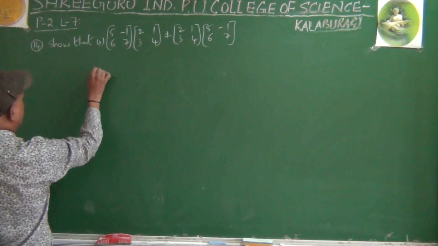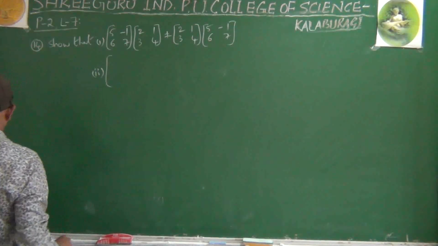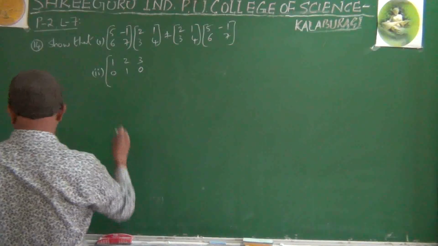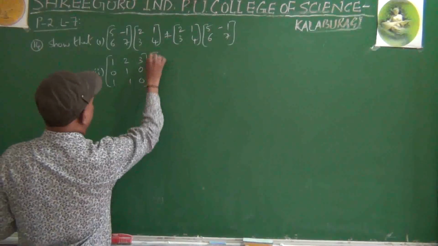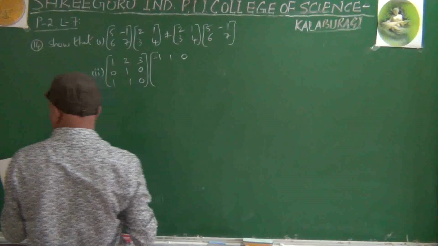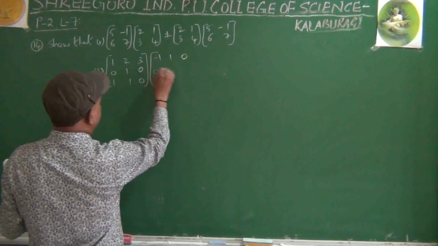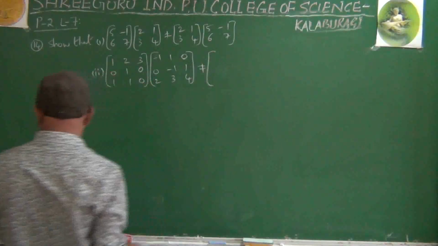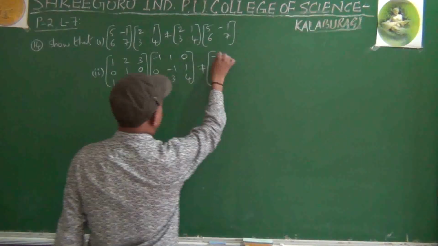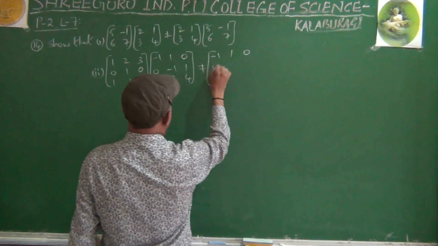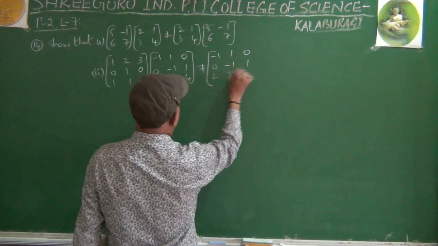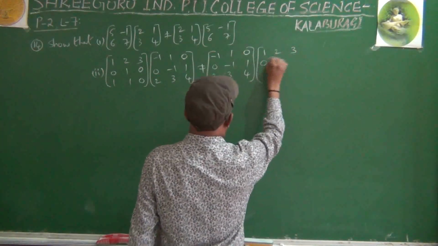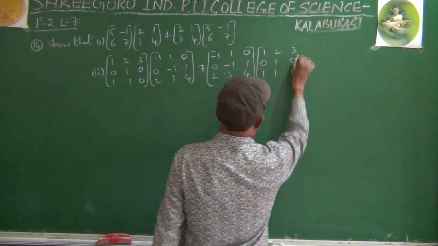First sub question, second sub question. Then 1, 2, 3, 0, 1, 0, 1, 1, 0 and minus 1, 1, 0, 0, minus 1, 1, 2, 3, 4 are not equal when multiplied in the two orders.